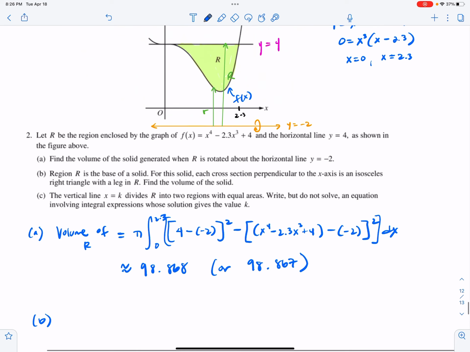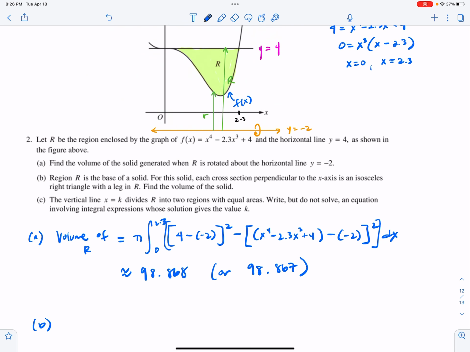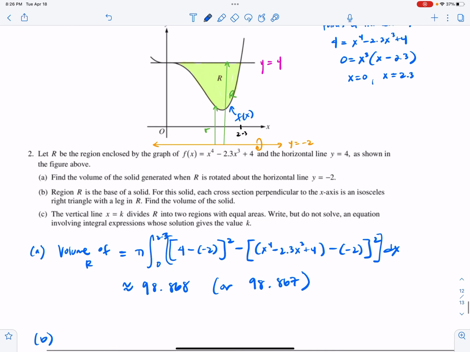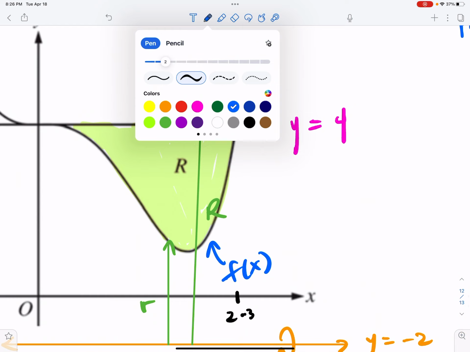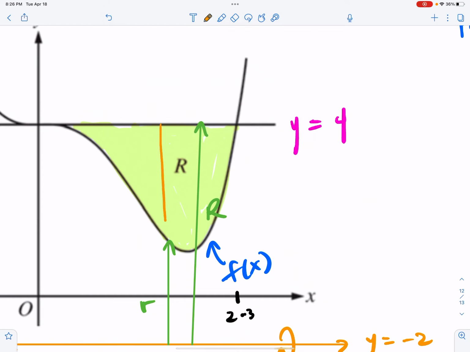Question B. Region R is the base of a solid. For this solid, each cross-section perpendicular to the x-axis is an isosceles right triangle with a leg in R. Okay, so that means that the base of each right triangle can be found top minus bottom, right?